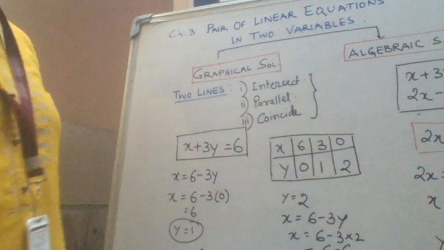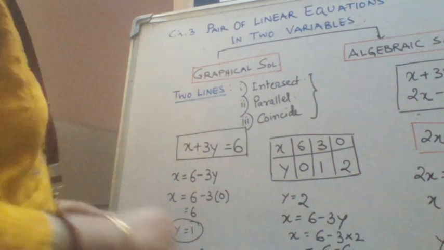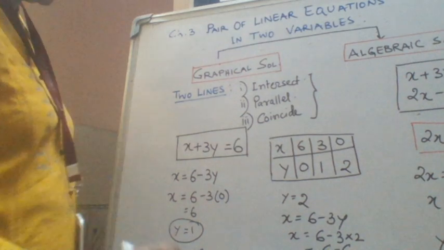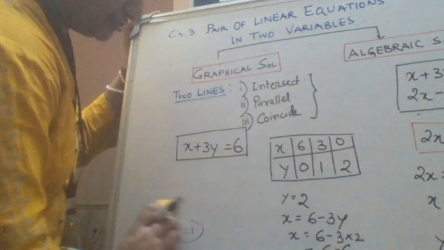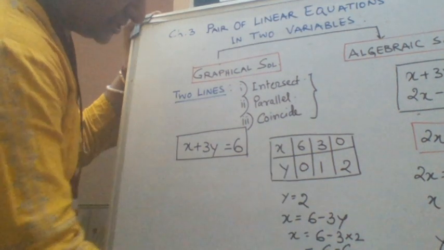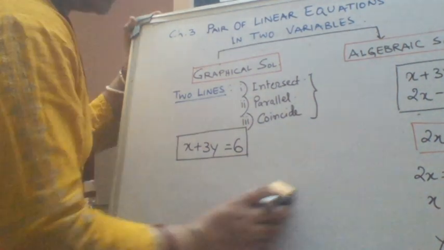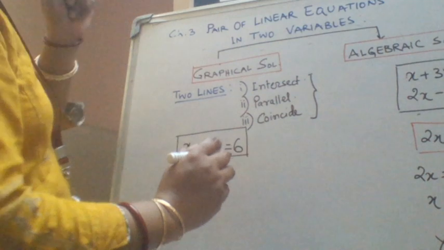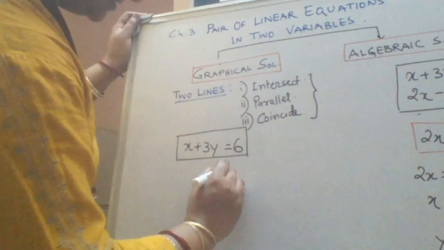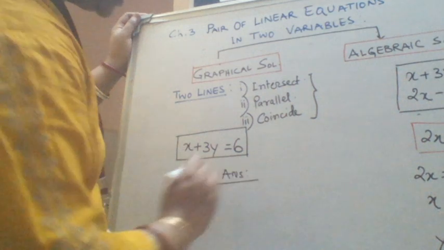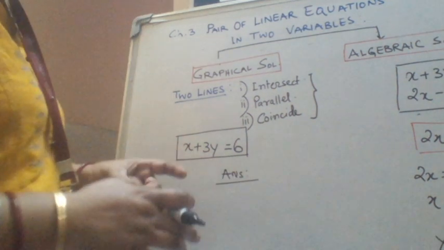So in this way, you will finally write the answer, that the solution is 6, 0. You will be finding the solution, that is the answer you will write. Don't just plot it, and sometimes the students plot the graph and leave it like this.